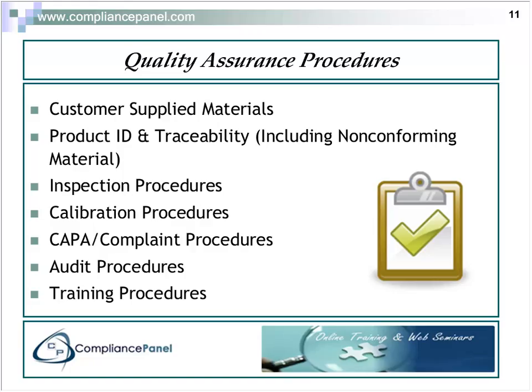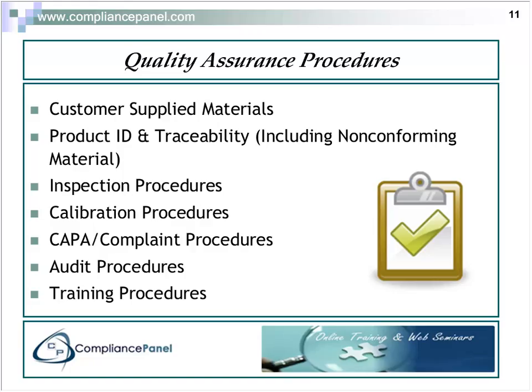Training procedures. It is very important that you have training procedures not only from a quality assurance side. You know, the FDA requires that you train people to understand the 21 CFR Part 820 requirements, but also that one clause in 21 CFR 820, which is very important, is that the people who are responsible for releasing the product or for performing the final quality assurance and release of the product have an understanding of what can happen if this product fails.